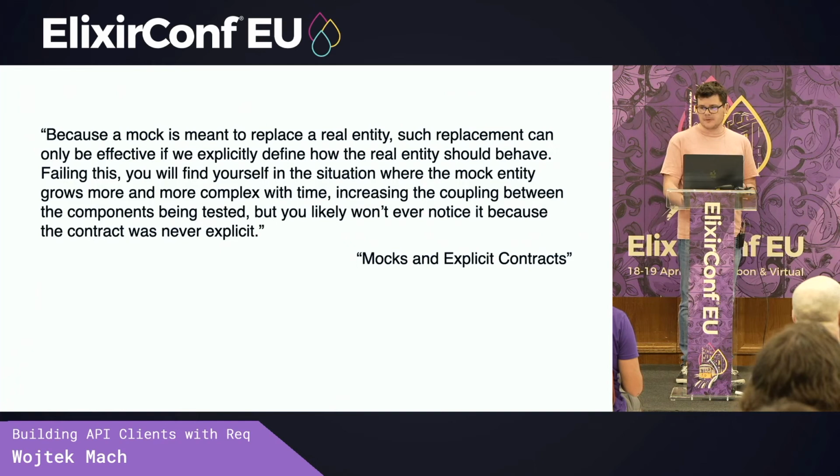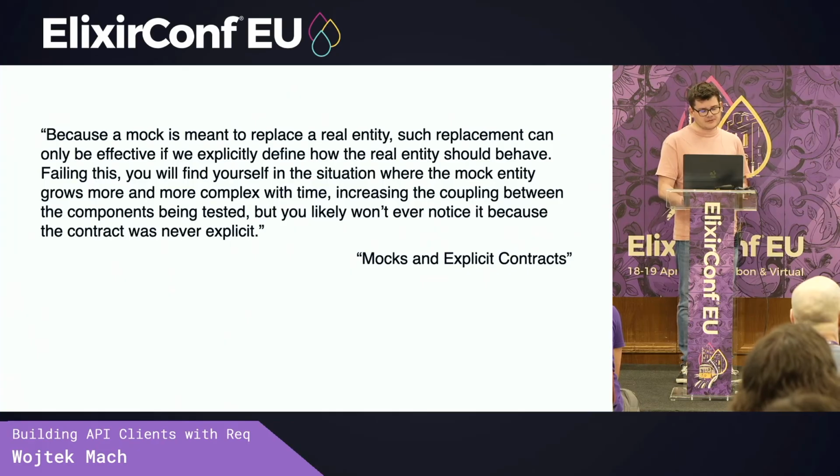People sometimes will just say, okay, I'm interacting with this third-party system using this function, I'm just going to stub it out, or mock it out, and move on, right? There are trade-offs. So I'm just going to read this excerpt real quick. Because a mock is meant to replace a real entity, such a replacement can only be effective if we explicitly define how the real entity should behave.